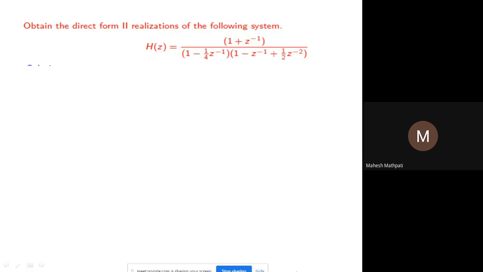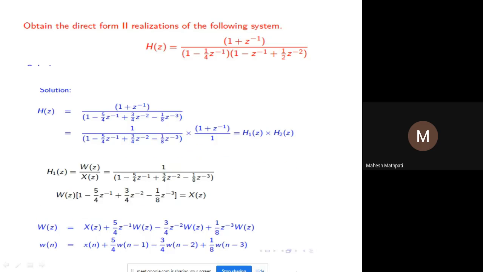Yes, anybody has got the h of z expression?